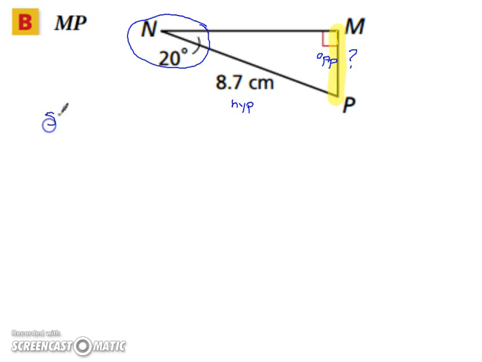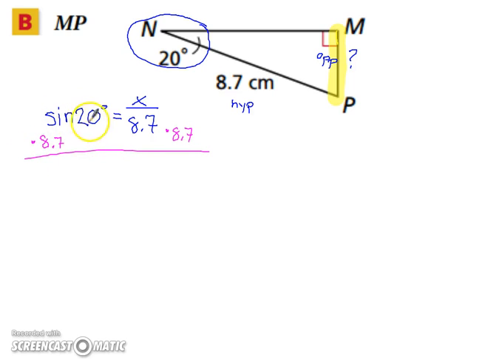So we have the sine of 20 degrees equals your opposite, which is your unknown, over your hypotenuse, which is 8.7. We want to solve for x, so we can simply multiply both sides by 8.7. On your calculator, you can just insert sine of 20 times 8.7.